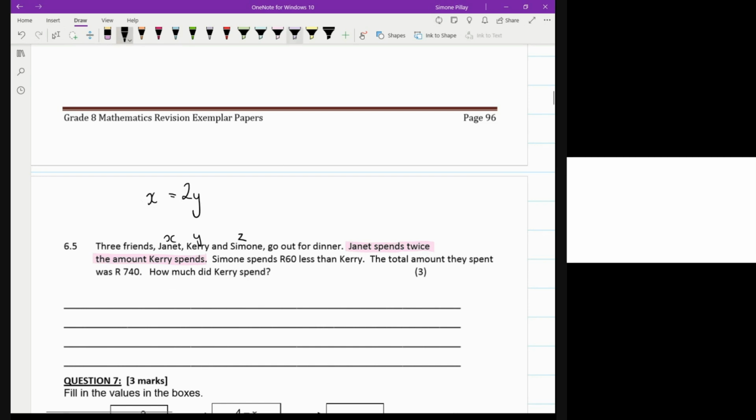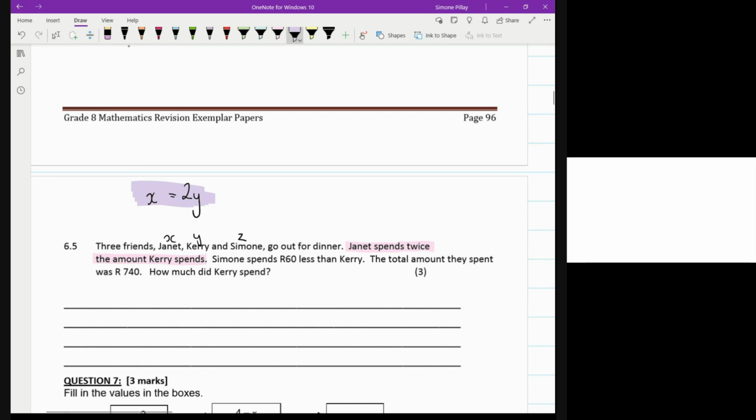Okay. Did we all follow how I created this equation in purple? Use your reactions, let me know. Janet spent twice the amount that Carrie spent. Okay, we're following there. Then they're saying that Simone spent 60 Rand less than Carrie.